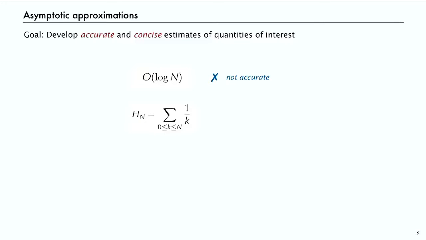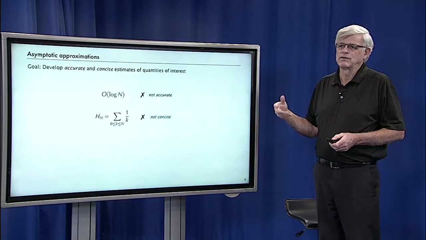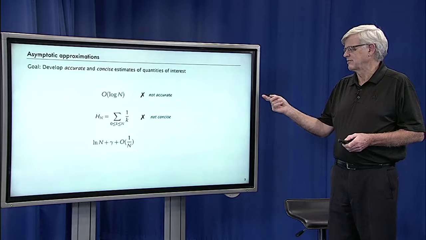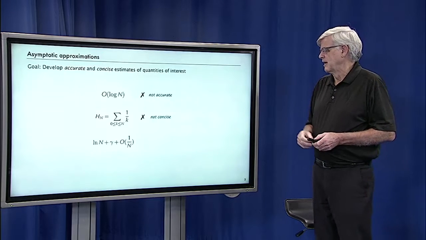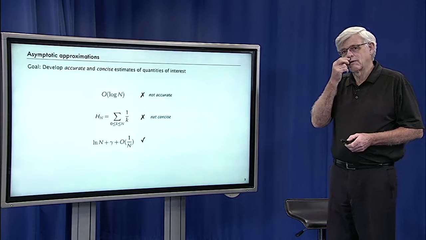If we take a definition like this, say h sub n for the harmonic numbers, that one's accurate, but it's not concise. It's going to take time to compute the exact value that you want. Now, that's not too bad, but still the spirit of what we're talking about is to try to get accurate and concise expressions like this one, natural log n plus gamma plus big O of 1 over n.